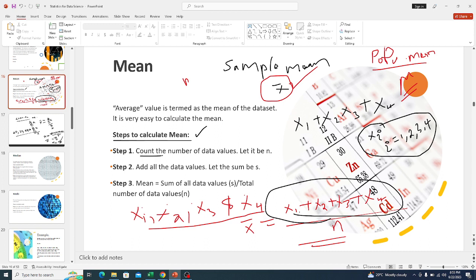So count the number of data values, let it be n. Basically n is the count of all the numbers you are using to calculate your mean. Otherwise, n is the sample size.